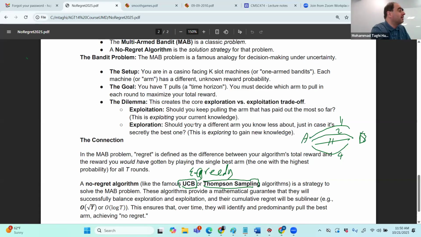We will give the bounds. That's the concept I have mentioned for anarchy and for smoothness. We care about smoothness because it's a very general way that you can prove some kind of bounds on the price of anarchy.